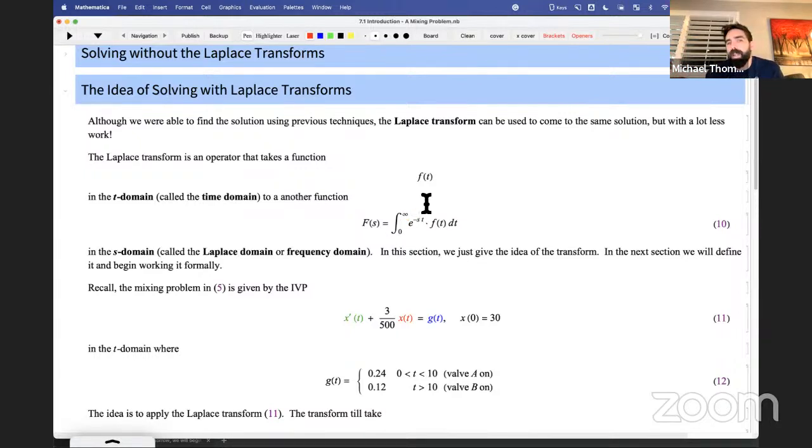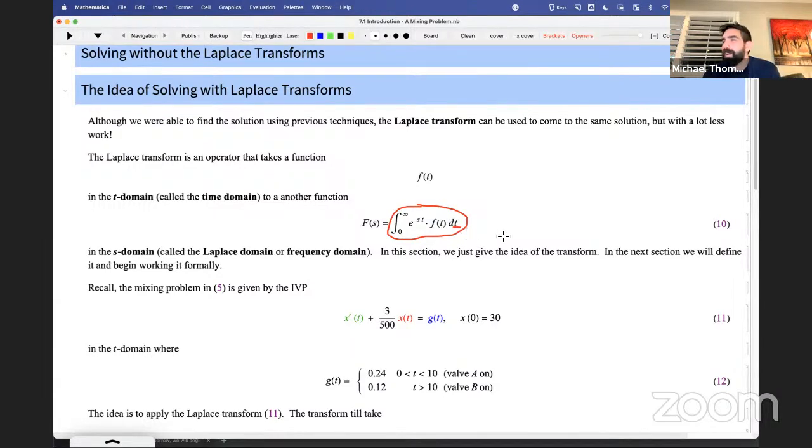But here's the thing. The big idea I want you to get out is this. That looks rather complicated. But once you evaluate the integral, what's going to happen to all the t's in here? What happens every time you evaluate an integral and you plug in the limits?